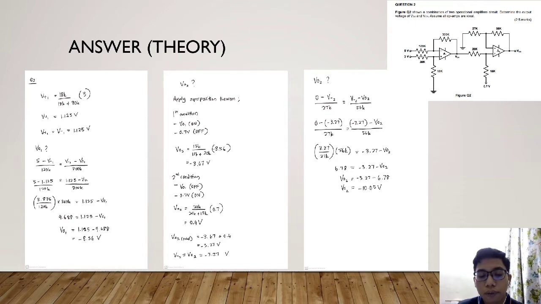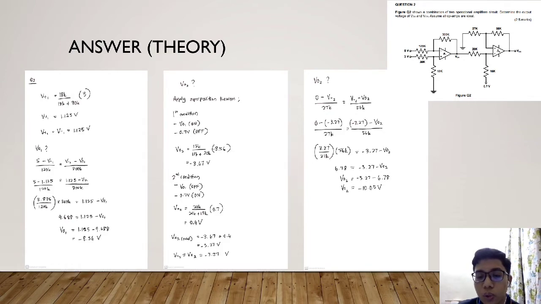After we get the value of V plus, we can find V output 2. How? Just apply the formula. So 0, where do we get the 0? From this, this is the ground, so just place the 0. So 0 minus V minus 2 over 27k equals V minus 2 minus V output 2 over 56k.